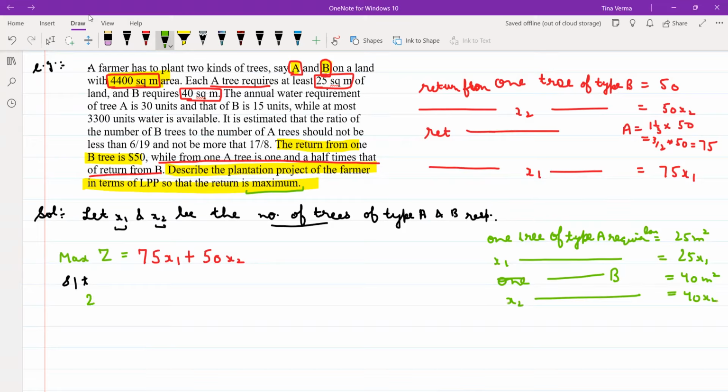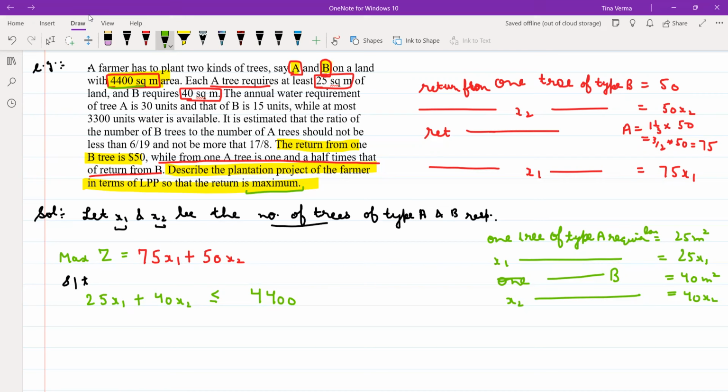That means the constraint here will be 25x1 plus 40x2, and the availability of land is 4400 square meters. If you write units, both sides have the same units, so you can cancel them. What will be the inequality sign over here? Less than or equal to, because the available land is only 4400. You cannot go beyond that.